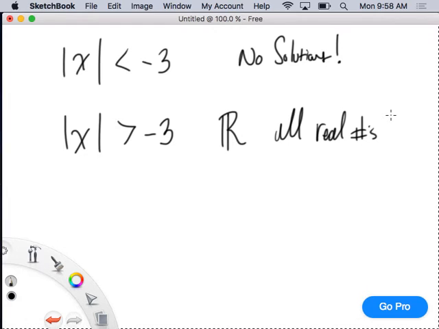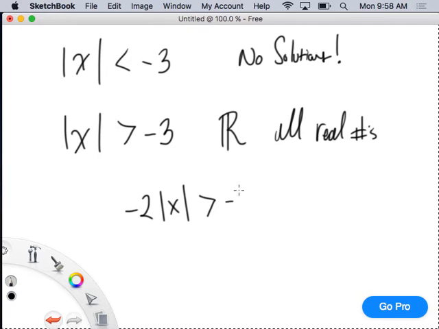Does that make sense? Okay, now the thing is, you have to be careful here because that's only true once I've isolated it. All right, for instance, if I give you, and this is the last thing, -2 times the absolute value of x is greater than -4. You might say, oh, it's greater than a negative, so it's all real numbers, right? Well, you have to isolate first. So to isolate, I'd have to divide by -2.